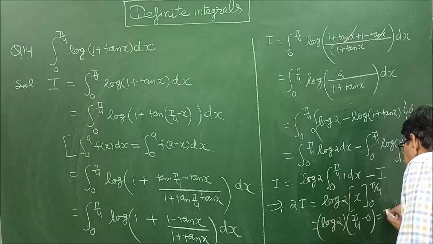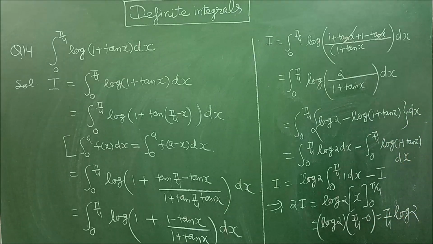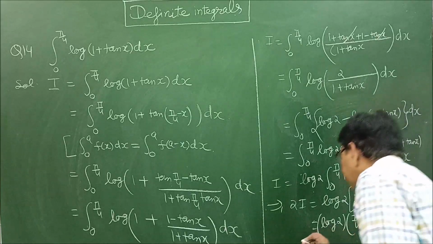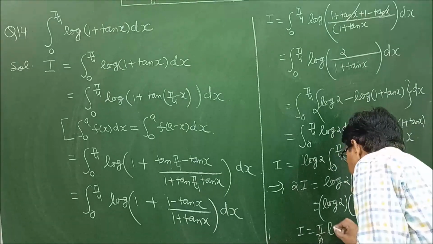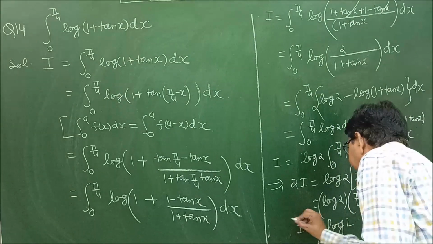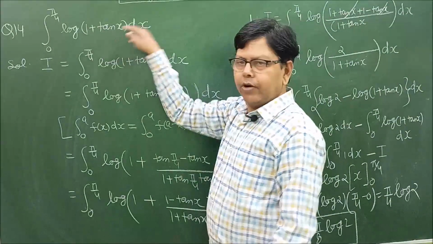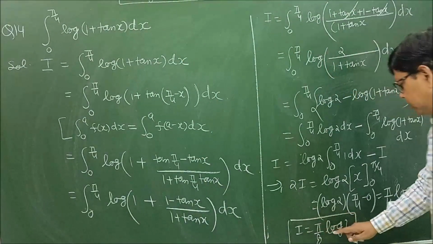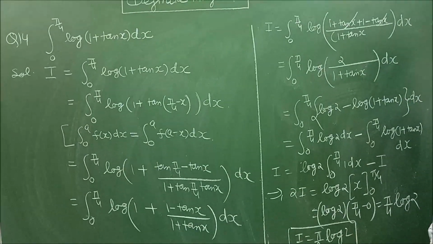That is equal to pi by 4 log 2. Now we want to calculate I. So I is equal to pi upon 8 log 2. So the value of the definite integral from 0 to pi by 4 of log(1 + tan x) dx is equal to pi upon 8 log 2.